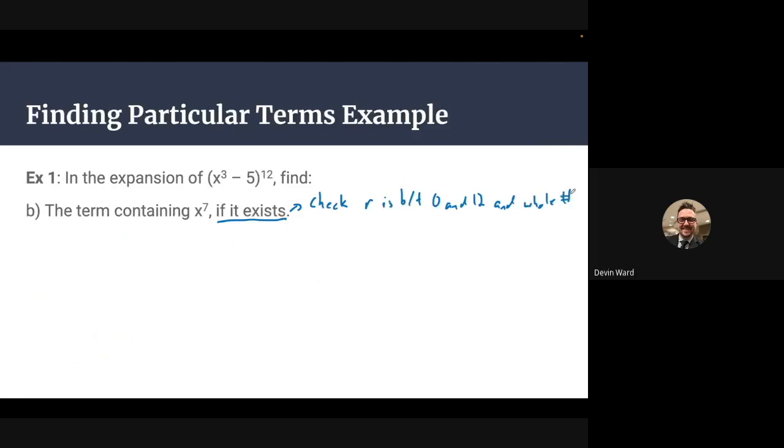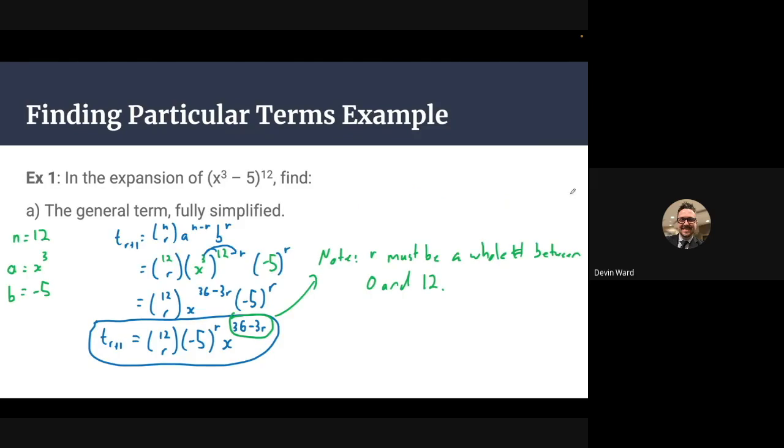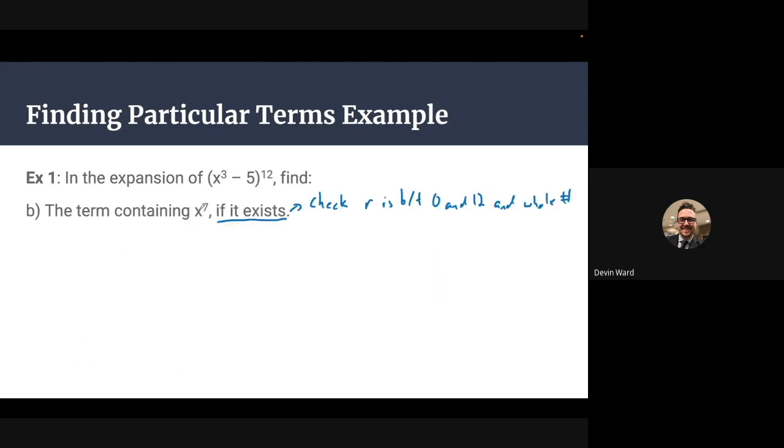And how do we do that? Well, whatever our x term is, we have x to the power of 36 minus 3r, so this has to equal 7. In my general term, the exponent of x is 36 minus 3r, so I set that equal to whatever exponent I'm looking for. I'm going to check if r is a whole number between 0 and 12 when it equals 7.